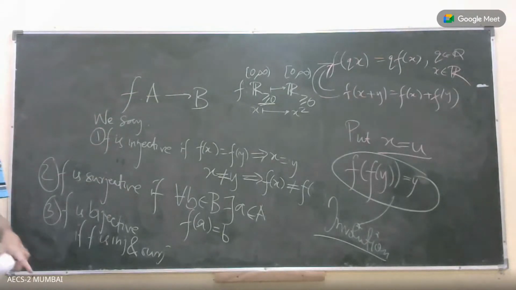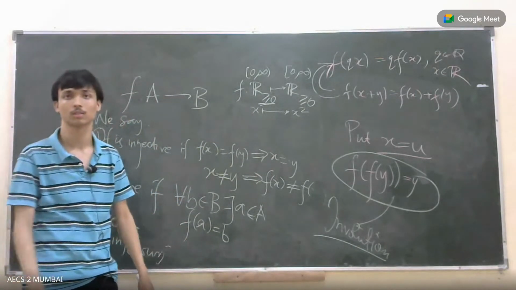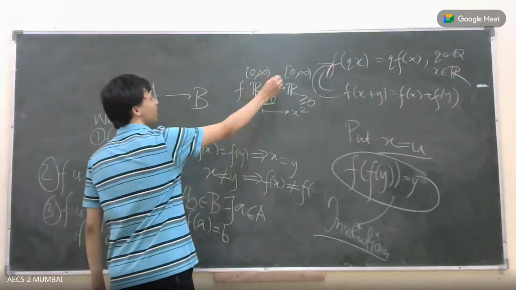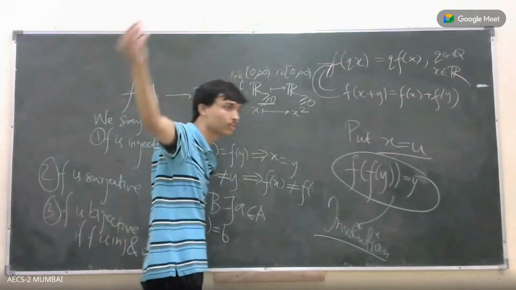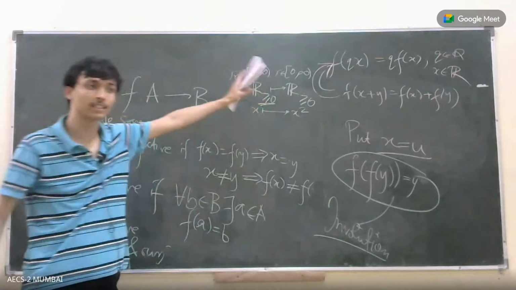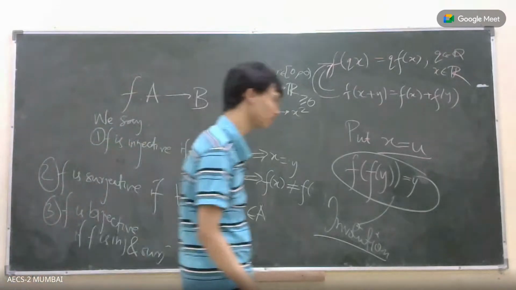Because no two positive real numbers can have the same square. Is it surjective? Yes, because for any r in the codomain, root r is in the domain. So because it is injective and surjective, it is bijective.